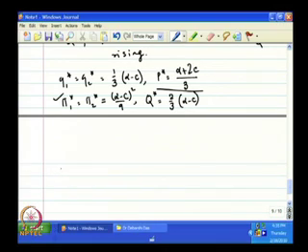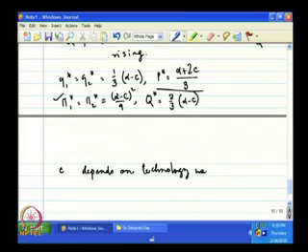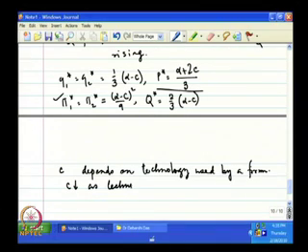What about C, the effect of C? Now, C is a representation of the unit cost of production. C depends on the technology used by a firm, because as technology improves, the unit cost of production of that firm goes down. So, C goes down as technology improves.